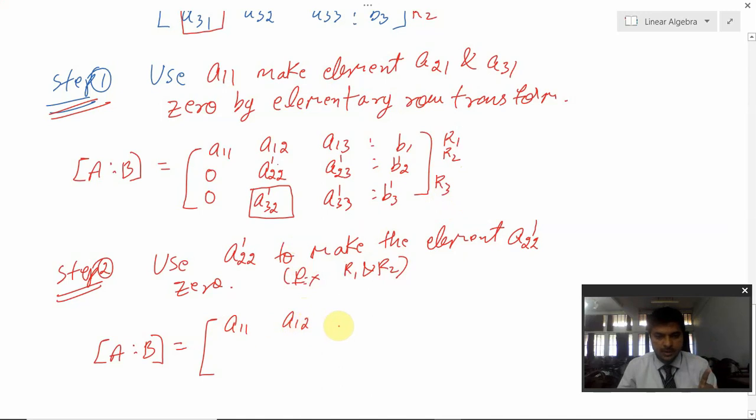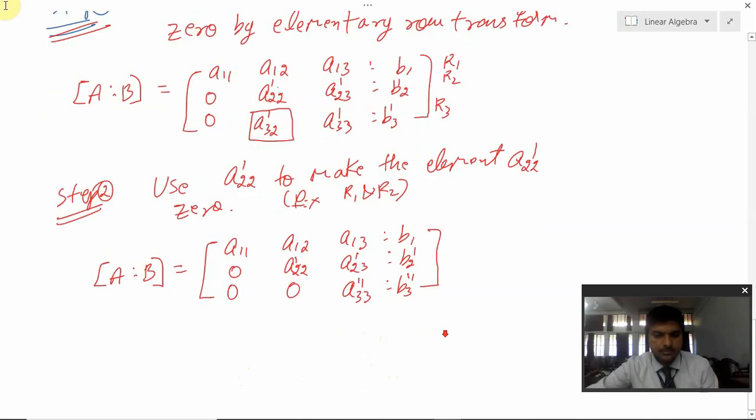So A11, A12, A13, B1 is fixed. Similarly 0, A22 dash is fixed, A23 dash is fixed and B2 dash is fixed. Only this will change, this is going to become 0 and this will be A33 double dash and this is B3 double dash. So we have to stop the iteration.